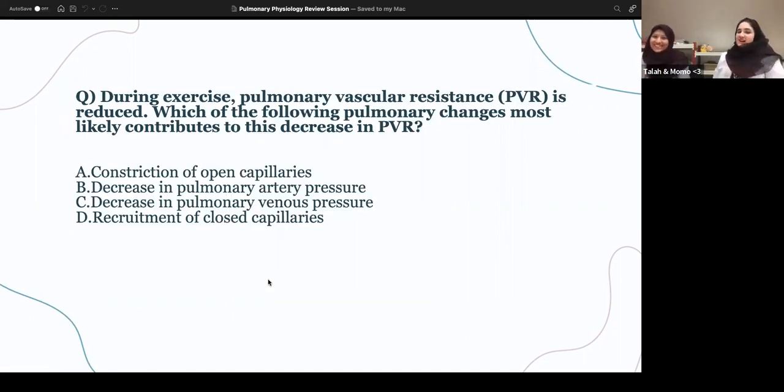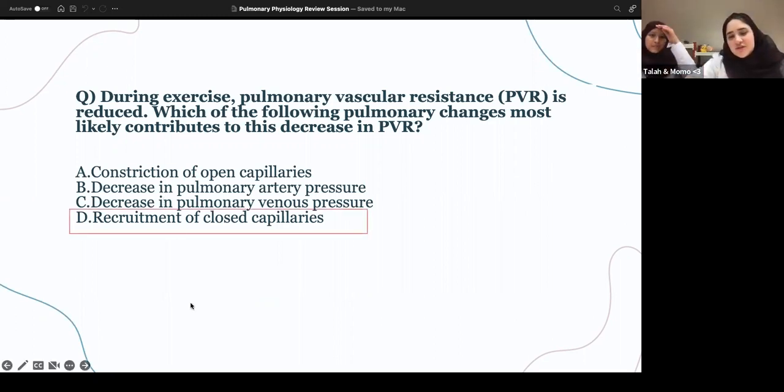And this one, guys, is kind of similar. During exercise, pulmonary vascular resistance is reduced. Which of the following pulmonary changes most likely contributes to this decrease in PVR? So the pulmonary vascular resistance is decreased because we're exercising. What do you think causes this? D. Yeah, it's literally like the previous one, because increased cardiac output would cause increased distension and recruitment.